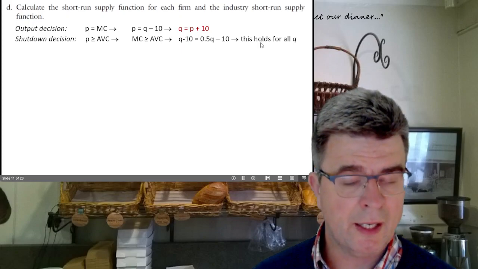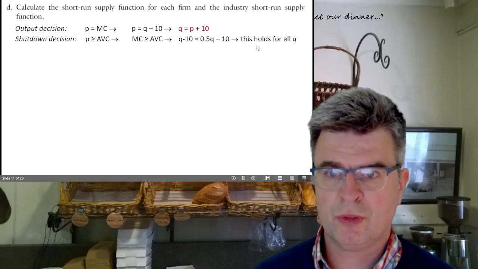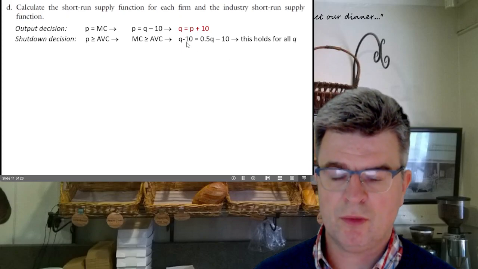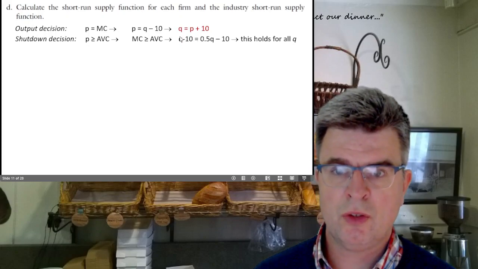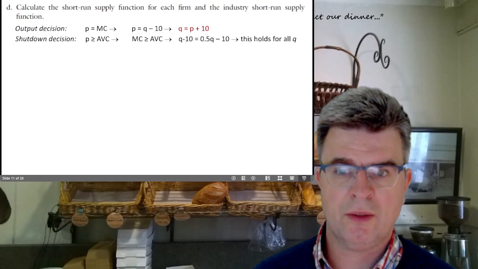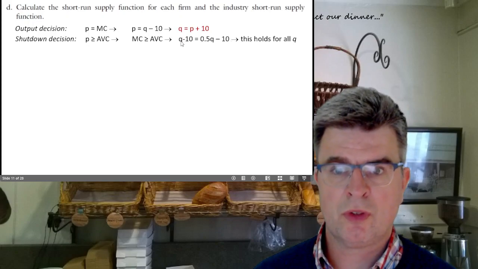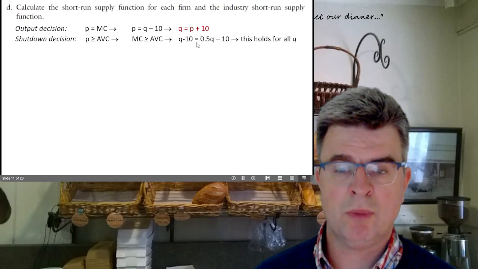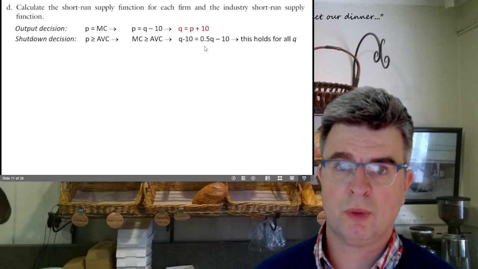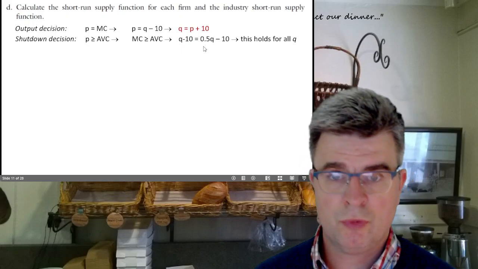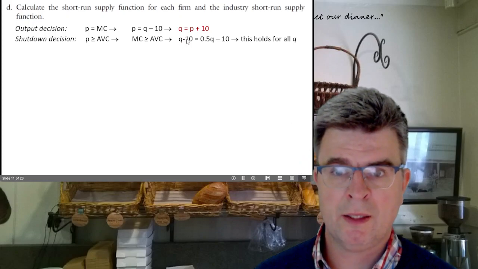This holds for all values of Q, because for any Q, Q minus 10 is higher than 0.5Q minus 10. The 10s cancel out, so Q should be at least equal to 0.5Q, and this holds by definition. So the firm will produce and it will supply P plus 10 units.